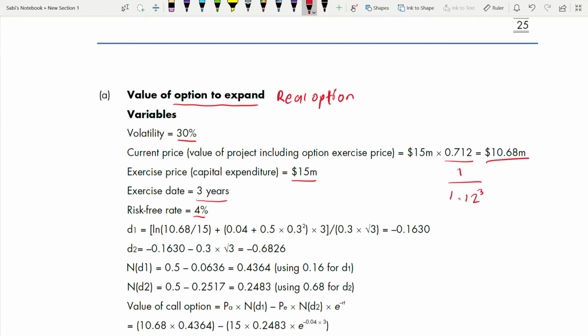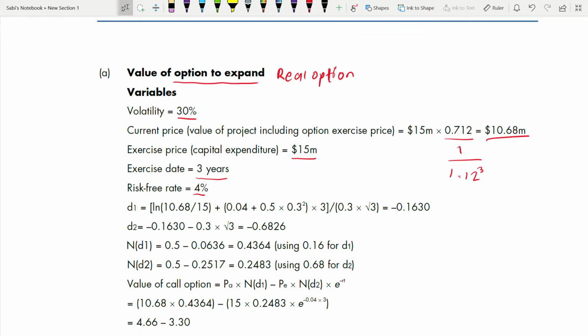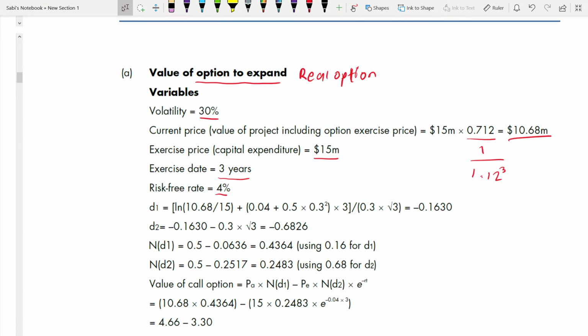So first find D1. We all know the formula. Write the formula down. I'm not writing the formula here, but you must know the formula, copy paste it and then put figures. So it is PA, your PA is this, current price over your exercise price.